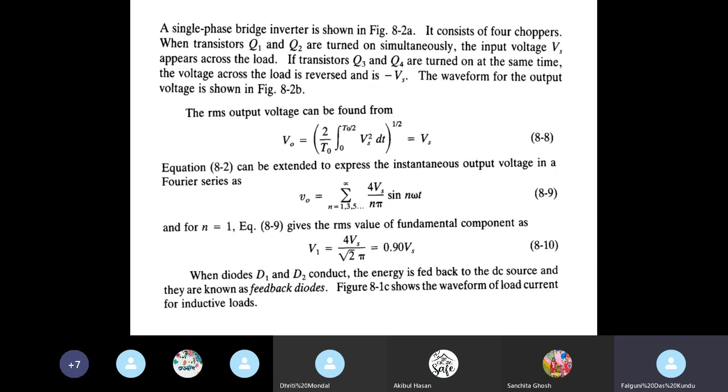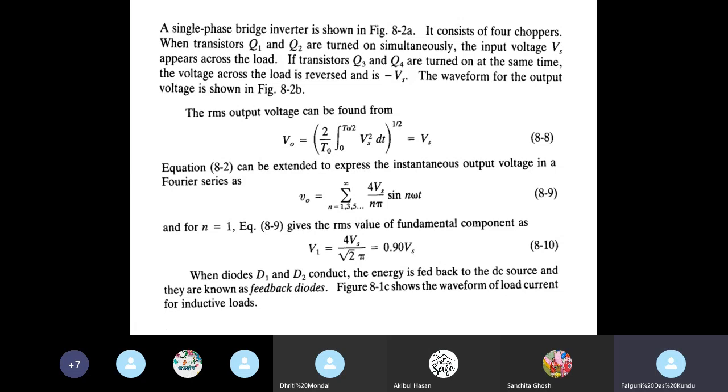The values of n are odd numbers, that is n is 1, 3, 5, 7. For n equals 1, we get the RMS value of the fundamental component V1, which is nothing but 4 Vs by root 2 pi. That means it is approximately 0.9 Vs.